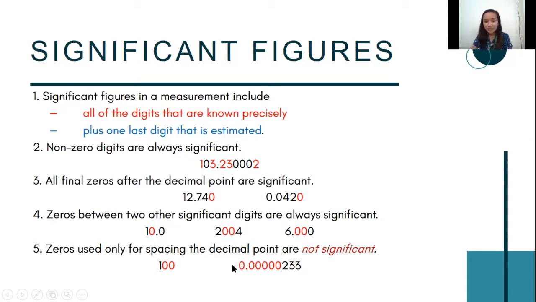So kapag merong non-zero digit dito sa unahan ng number na ito, all the zeros are considered significant. But since walang non-zero digit dito, so only the numbers 233 are considered as significant.